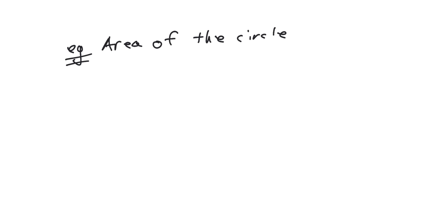So let's say I ask you to find the area of each circle. So here's the first circle. Let's call that number 1. And here's our circle. And we have a radius of 3.